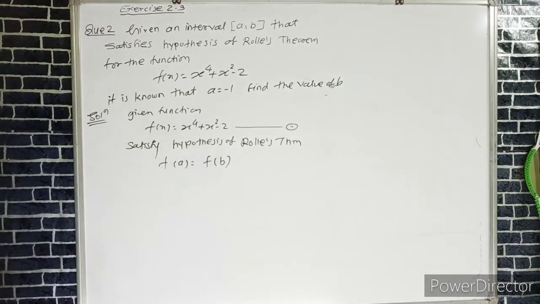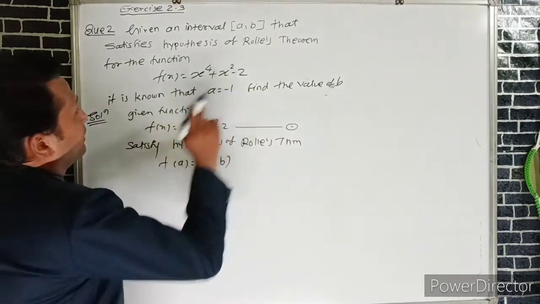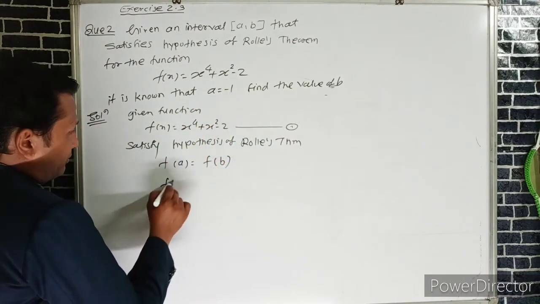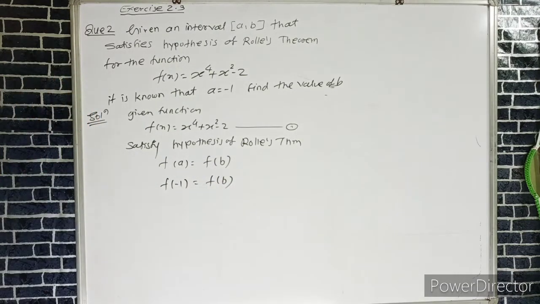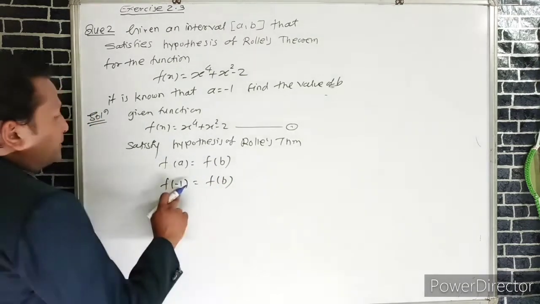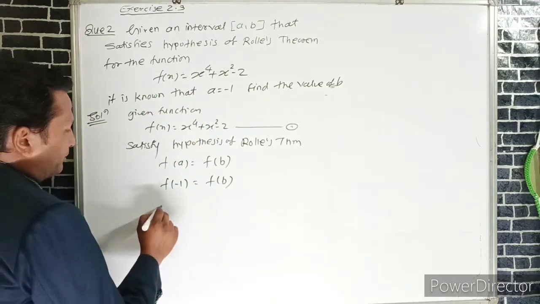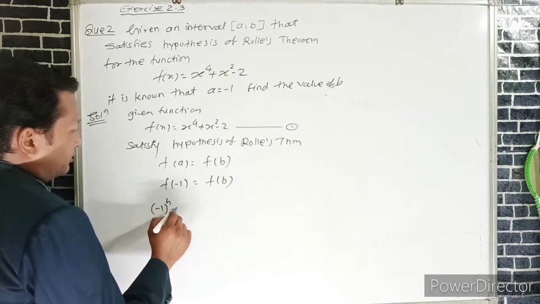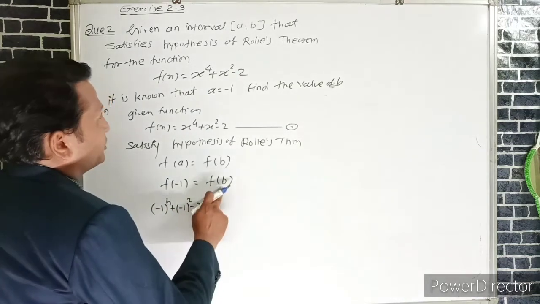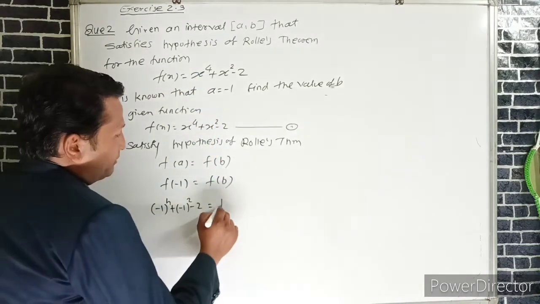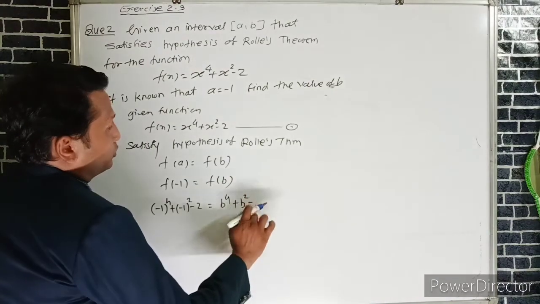We can write the value of f of a, where a is equal to minus 1. We can write f of minus 1 is equal to f of b, and again we have to find the value of b. So if we replace x by minus 1, we can write minus 1 raised to the power 4 plus minus 1 square minus 2 is equal to, if we replace x by b, b raised to the power 4 plus b square minus 2.